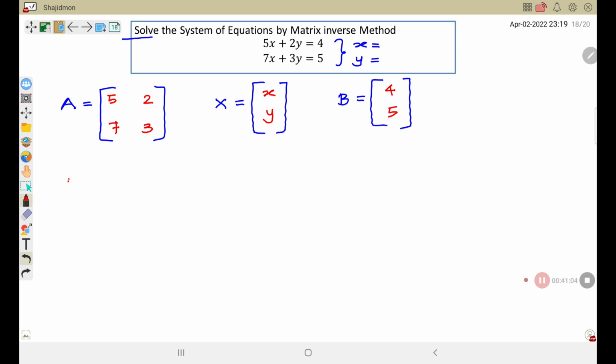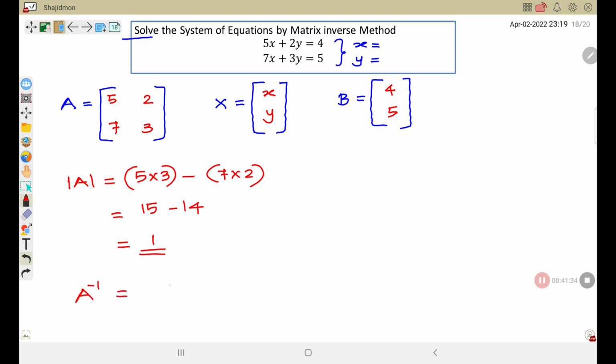Now first we calculate the determinant of A. So 5 multiplied by 3 minus 7 multiplied by 2, which is 15 minus 14, equals 1. Okay, now write the A inverse matrix.